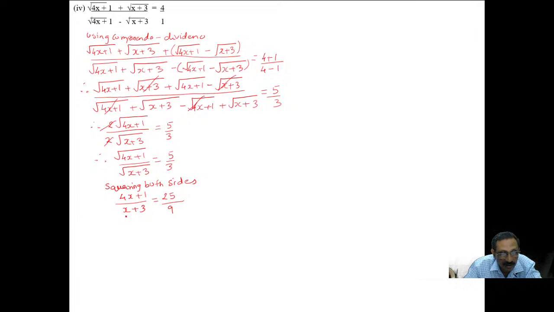Similar to what we have seen in so many previous examples. When we get this, we have the alternative of cross multiplication. Therefore 9 into 4x plus 1, which is equal to 25 into x plus 3.